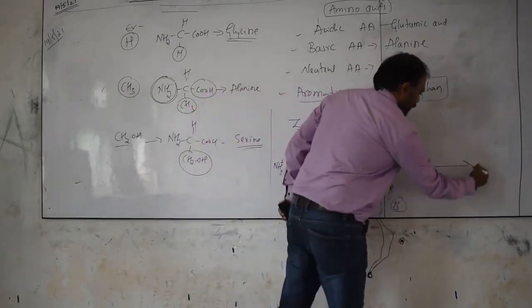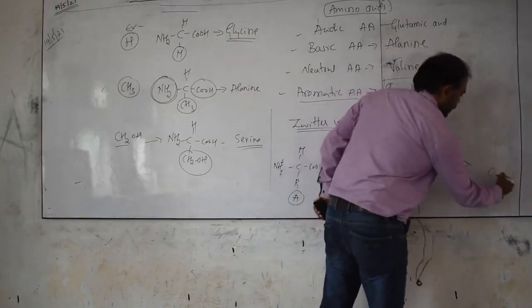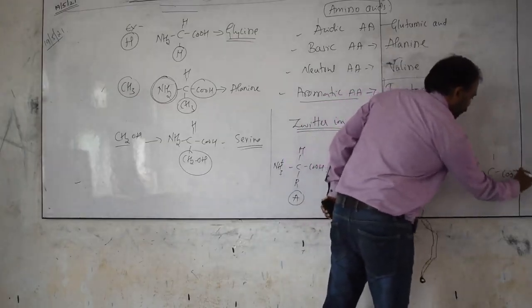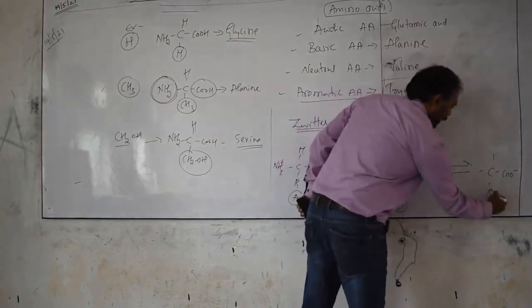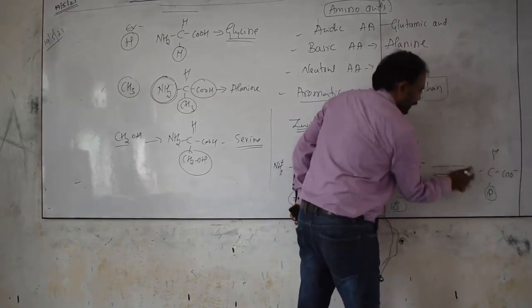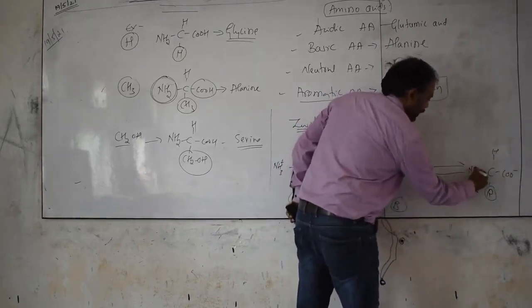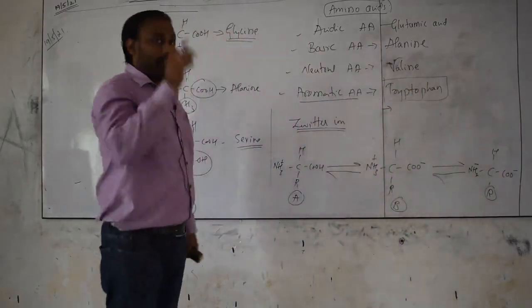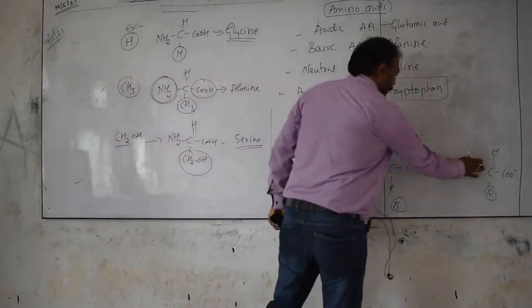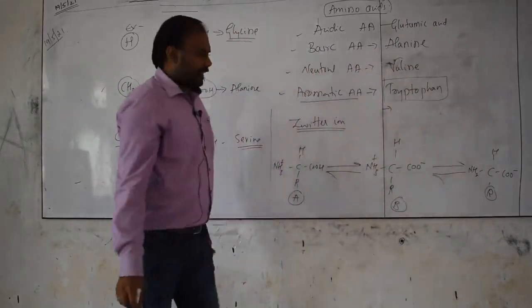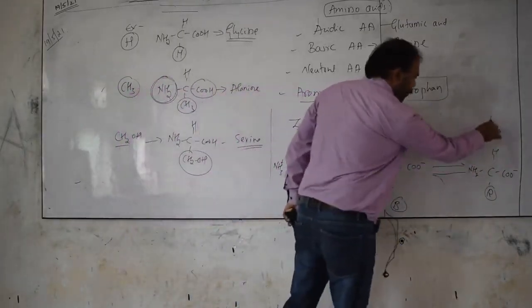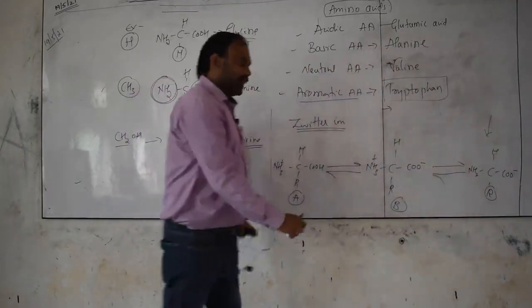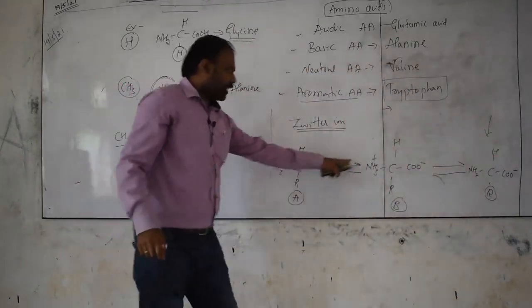Here it will become C, with COO minus and the aryl group and hydrogen. Here it is going to change to NH2. Clear? When you remove hydrogen, it will become NH2.